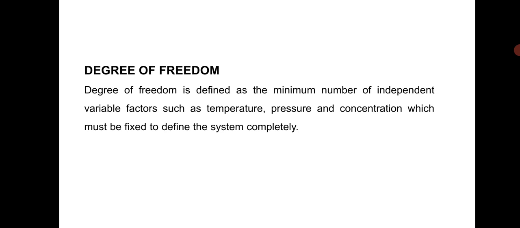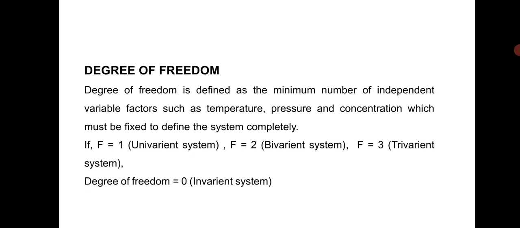This minimum number of independent variable factors which helps to define the system is called the degree of freedom. If the degree of freedom F is equal to 1, it is called univariant, 2 is known as bivariant, 3 is called trivariant. If it is 0, it is called zero variant.